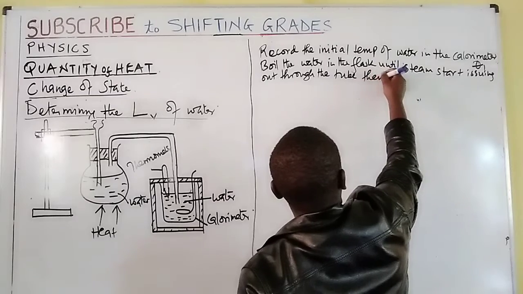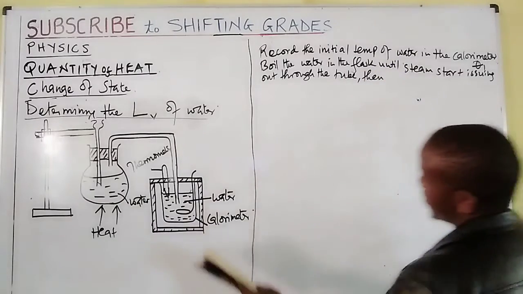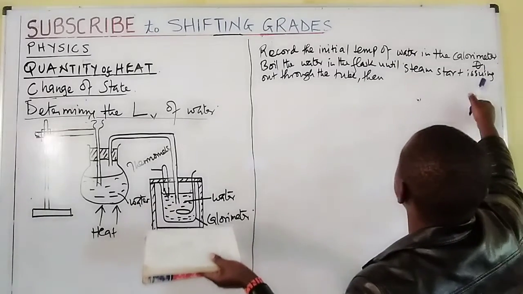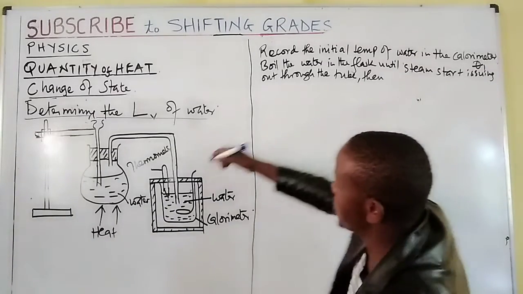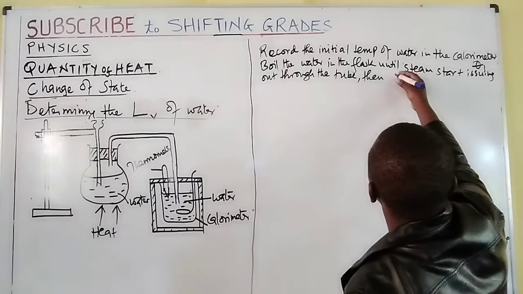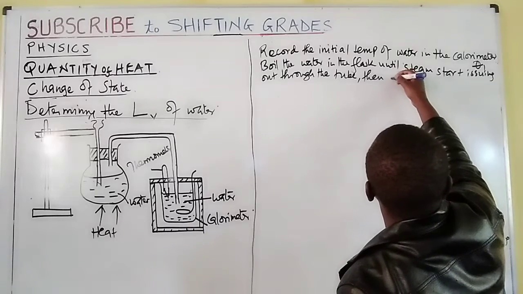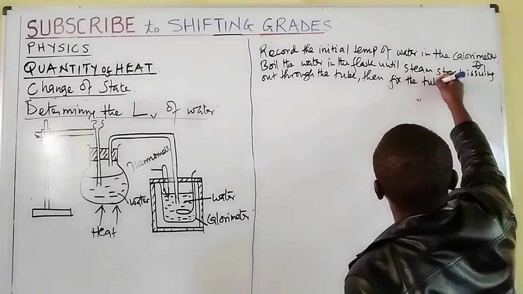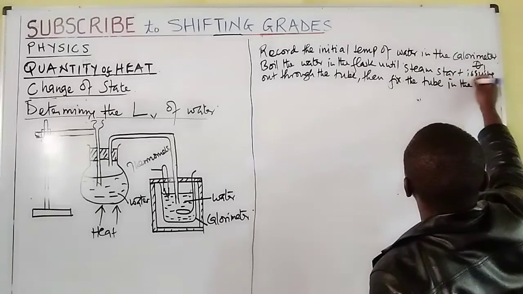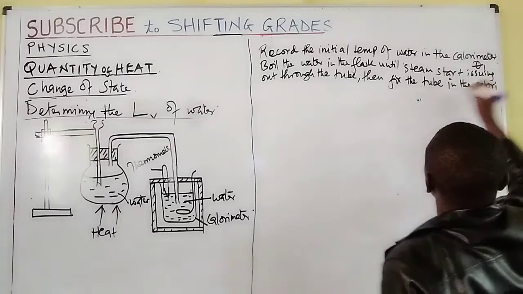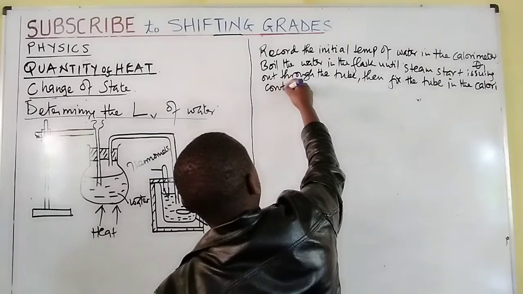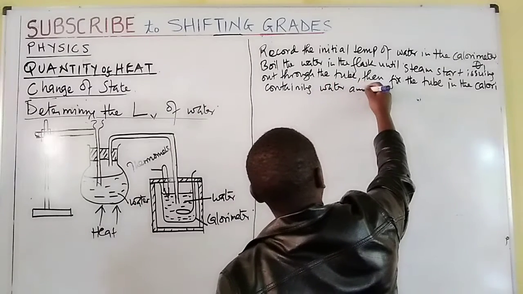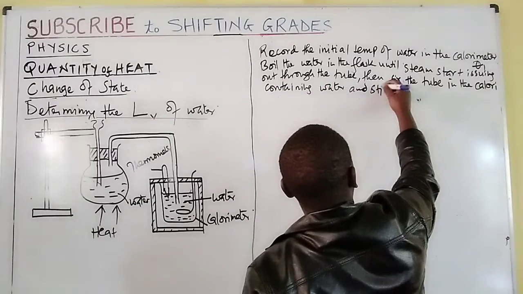Now once steam starts coming out, you fix the delivery tube in the calorimeter containing water and stir.